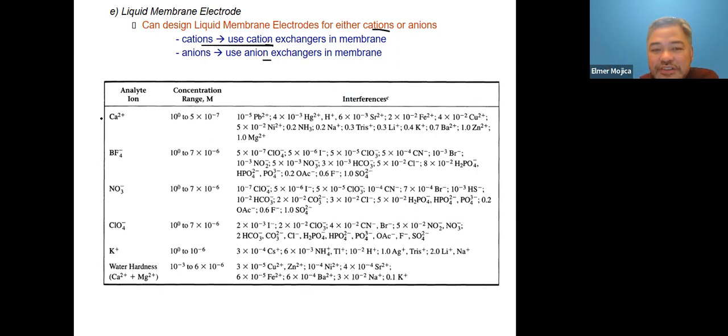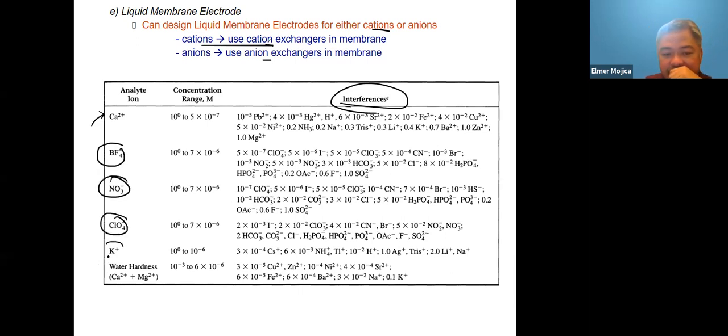So if you want to determine calcium ion, okay, so you can develop the liquid membrane and then you can test how it is being interfered by other cation. Okay, and then you can use a BF4 minus tetrafluoride, and then you have the nitrate, the perchlorate, and then the K plus.